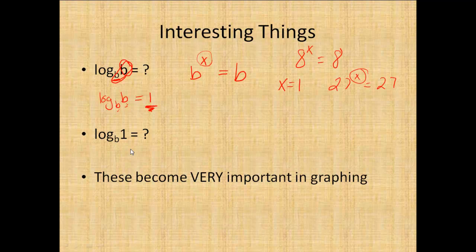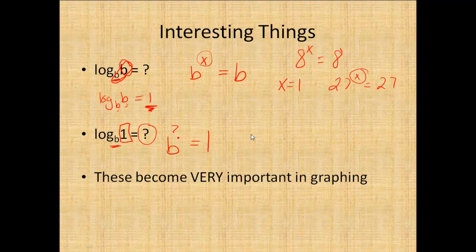Okay, the next one, a little bit different. So I've got my base of b raised to some unknown exponent, and that's going to have to equal this 1. Well, now you've got to think back to your properties of your exponents. B raised to what power is equal to 1?